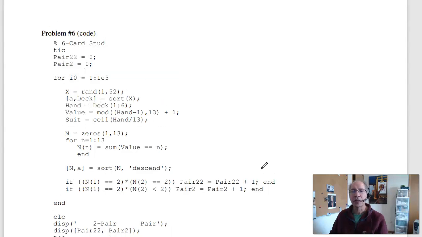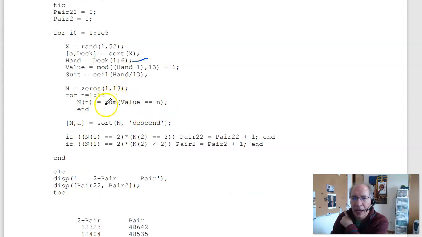Here's what the Monte Carlo looks like. Same as before, I'm going to take a 52-card deck, now pull out 6 cards rather than 13. Find the value of each card, find the suit, and then count how many aces, how many 2s, how many 3s, how many 4s, sort in descending order.